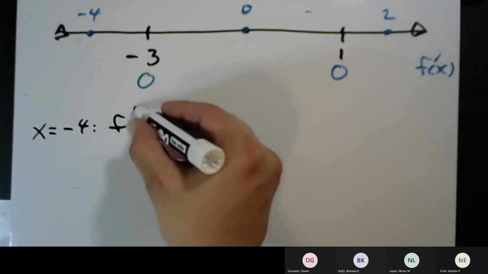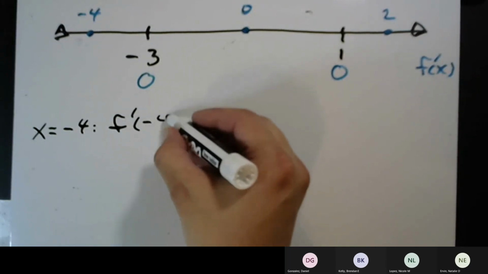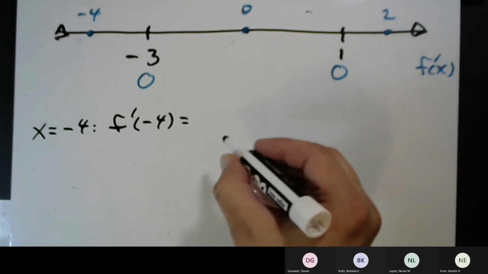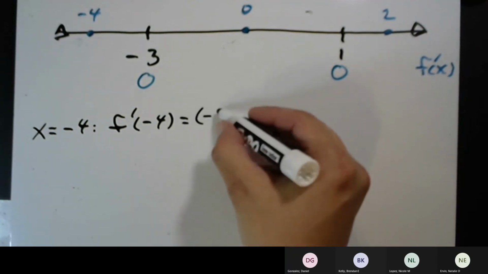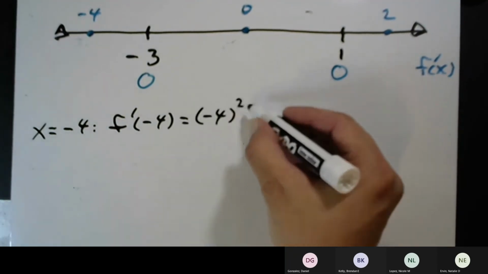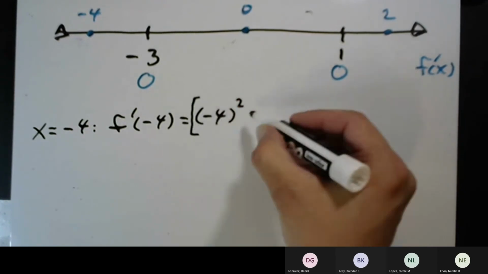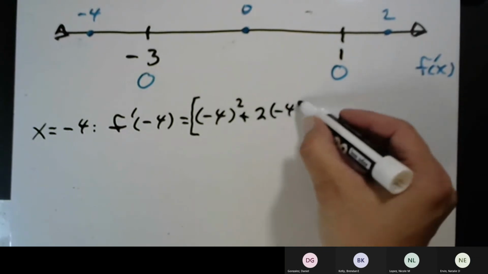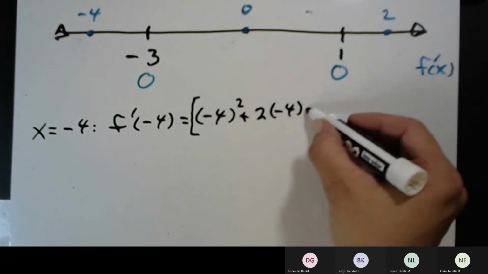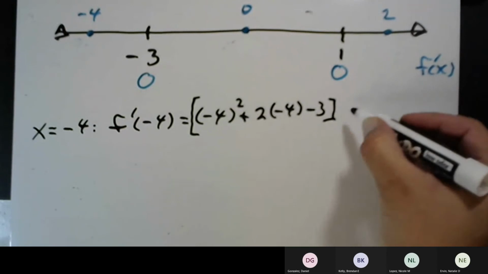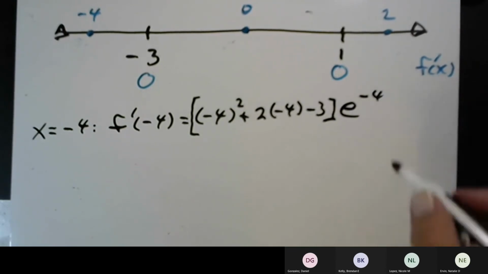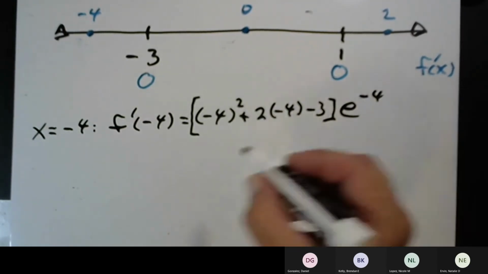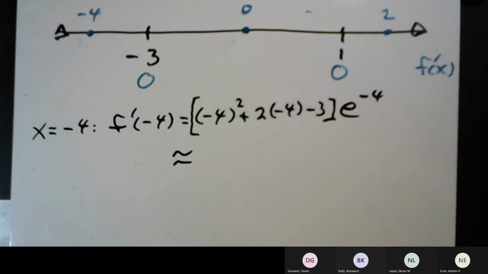Well, f prime of -4 is going to be -4 squared plus 2 times -4 minus 3 times e to the -4, which approximately, let's see here, grab a calculator real quick.